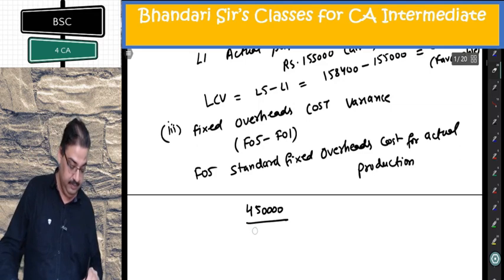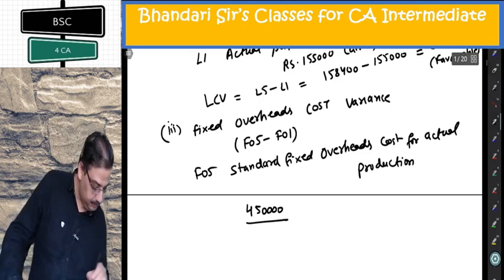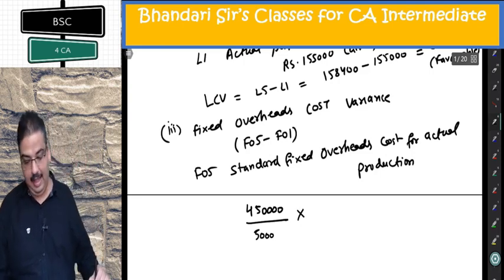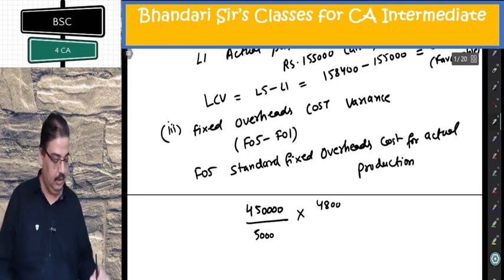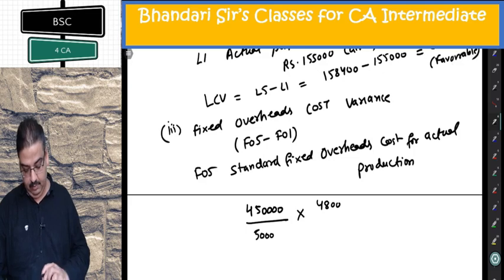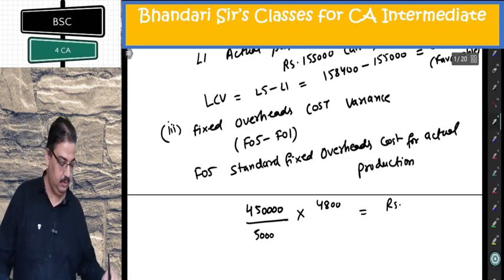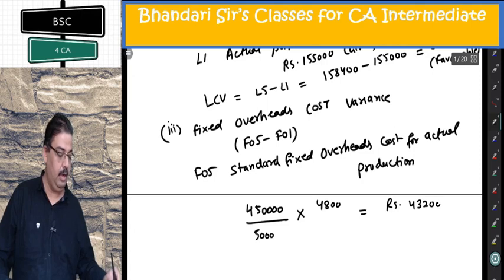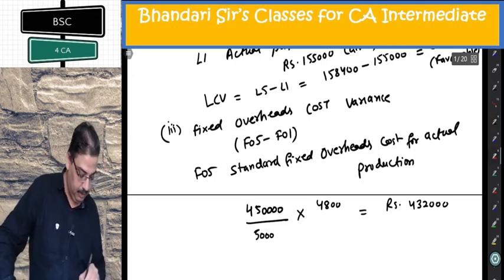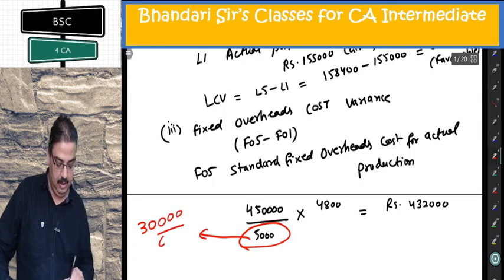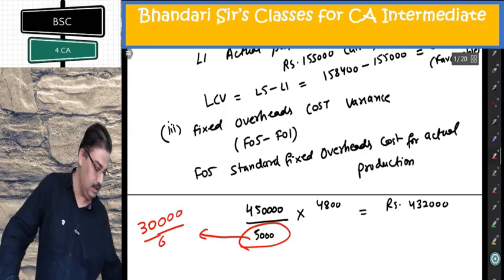So this becomes 5,000 units multiplied by actual output 4,800. 4,50,000 divided by 5,000 into 4,800. This is 4,32,000 rupees. So important to note the budgeted production. This I am getting 30,000 divided by 6 hours per unit from labor I can see.